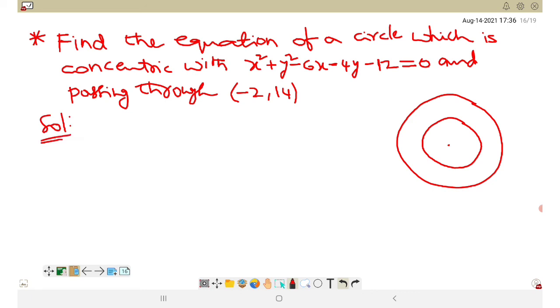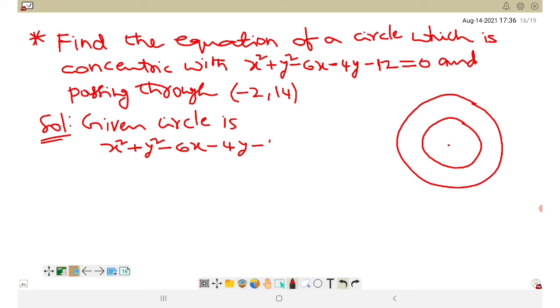So now the given circle is x square plus y square minus 6x minus 4y minus 12 is equal to 0. This is equation 1.